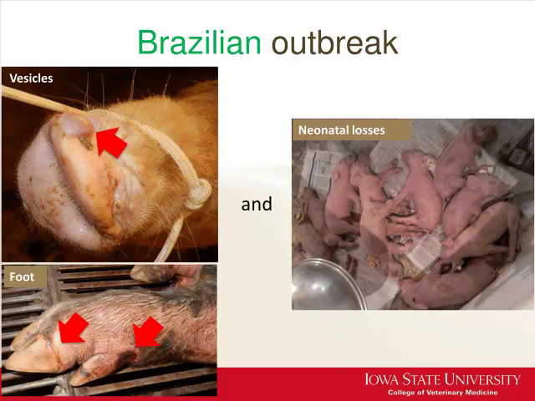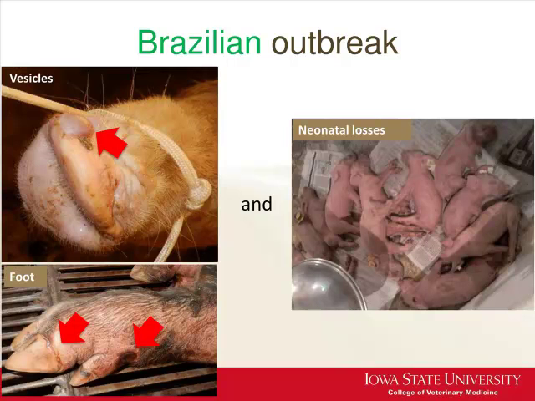at pretty much the same time that we saw those lesions going on in the sows, we also saw this other syndrome that we believe is somehow connected and associated with the vesicular lesion, which is the neonatal mortality.